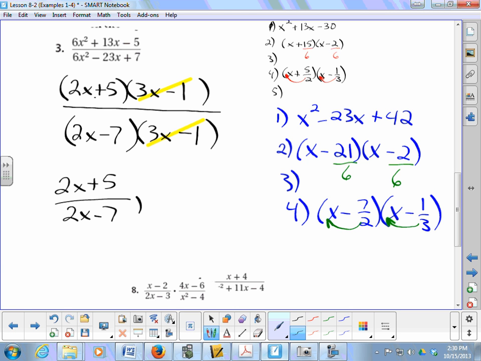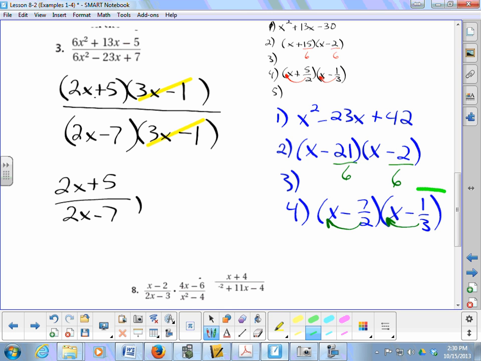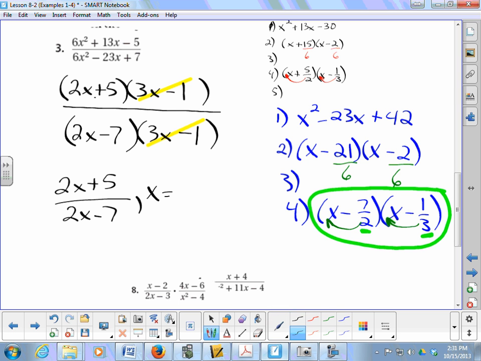The reason I like slide and divide is that this part tells me where the denominator is equal to 0, because that's where I show my factorization. So it's equal to 0 at positive 7/2 and positive 1/3. That means x cannot equal 7/2 or 1/3, where the denominator would be equal to 0.